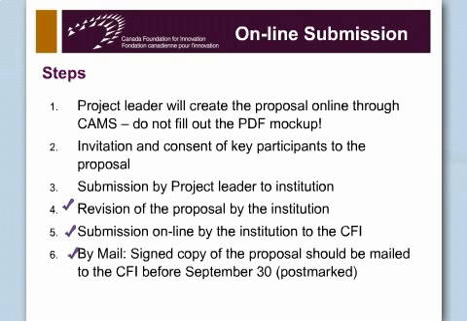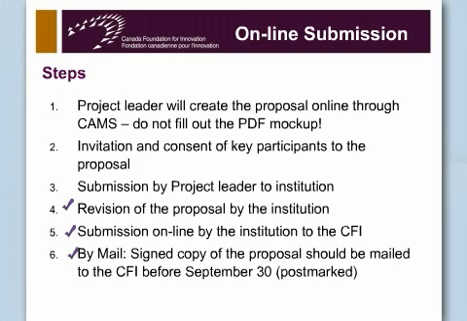And the attached letters of support, I think you can attach those from within the CAMS system. I need to make sure of that. I'm not 100% sure at this point if these are sent with the paper copy or these are attached in the contribution to business innovation section.